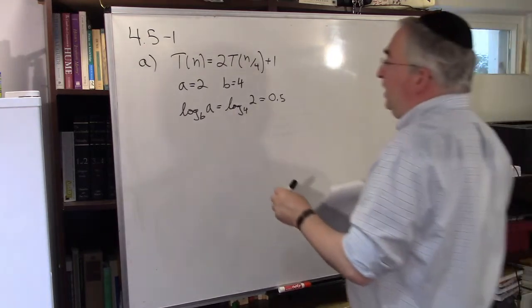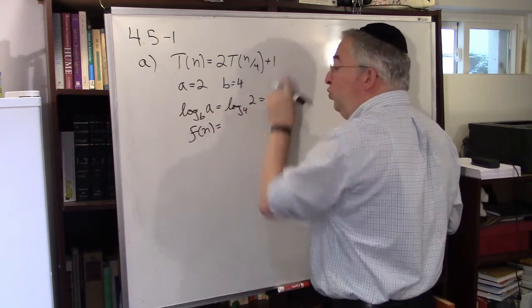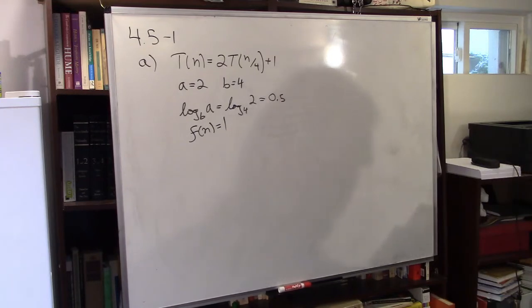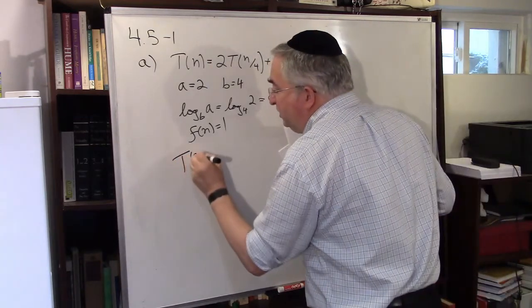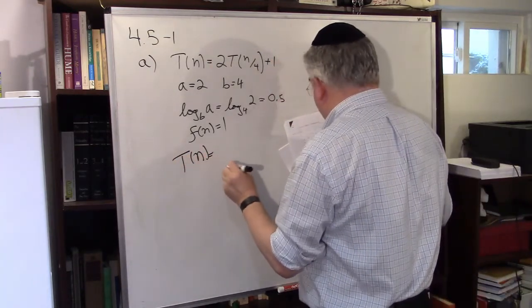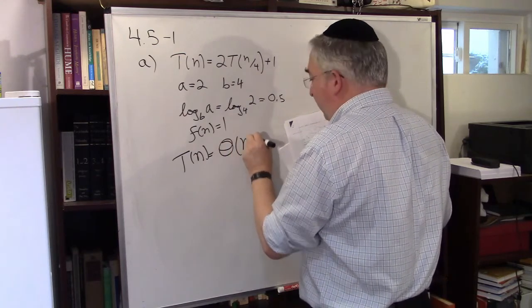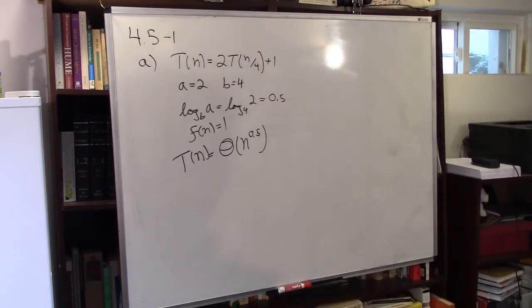In contrast, f of n is equal to 1. Okay, and which one grows faster, which one grows slower? And so we just have to follow that. So we conclude that t of n is equal to theta of n to the half. Okay, that's part A. Okay, part B.